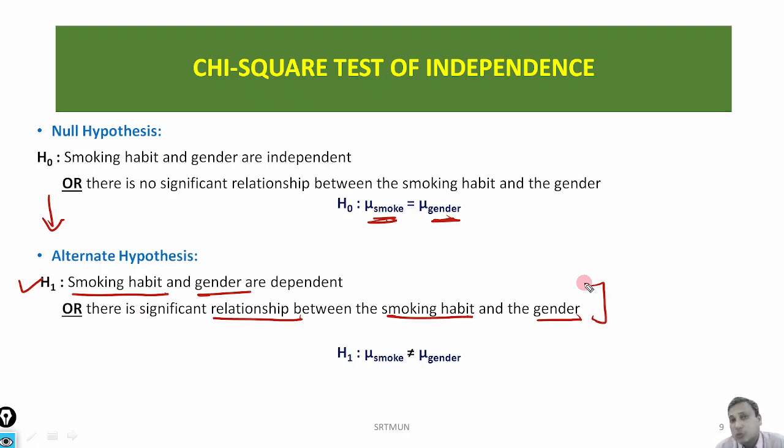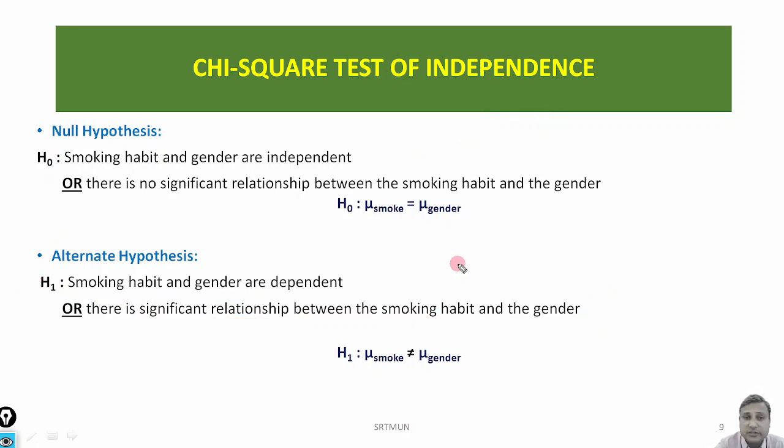Say the male smokes more than the female. If some variable is biased for some other variable, then that bias is the alternate hypothesis. In simple words, in the null hypothesis both nominal variables are independent; here they are not independent, they are dependent. This is the way we construct our hypothesis in the chi-square test of independence.